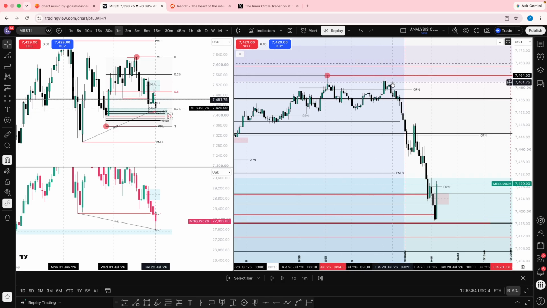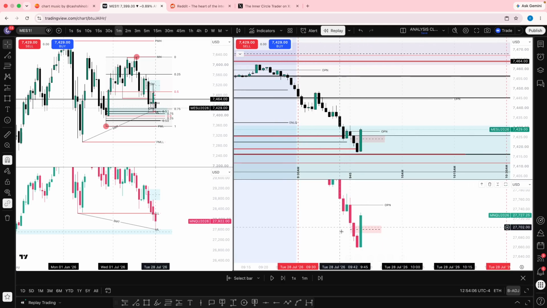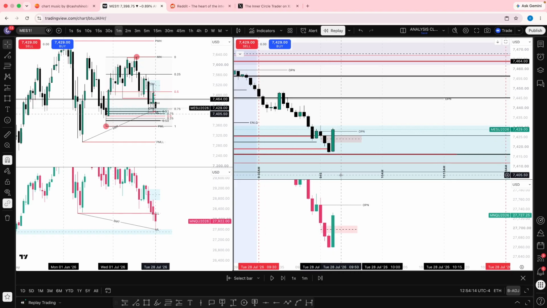Clean highs have been made, right? But I'm looking at the cycle from 8:30 to 10. We're still within the 8:30 to 10 a.m. range. So we're going to play price out until we get a cleaner or better looking CSD between both of these markets right here.